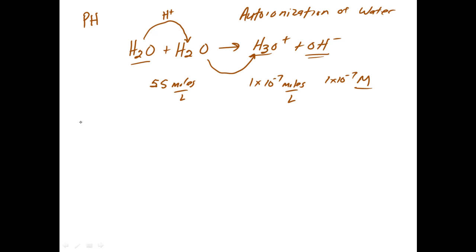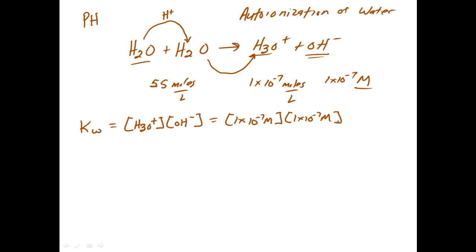So the ion product constant of water is a constant that equals the concentration of the hydronium ion times the concentration of the hydroxide ion. So in pure water, the concentration of the hydronium ion is 1 times 10 to the negative 7th molar, and the concentration of the hydroxide ion is 1 times 10 to the negative 7th molar.